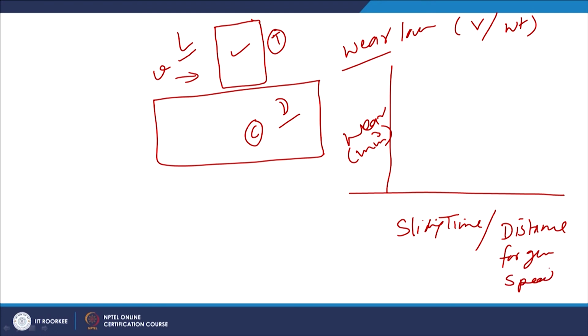So, if we see the way by which the wear volume changes as a function of time, what we normally notice is that initially there is a sharp increase in the wear volume and then it becomes constant like this.